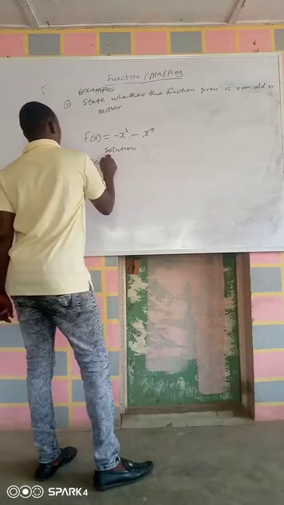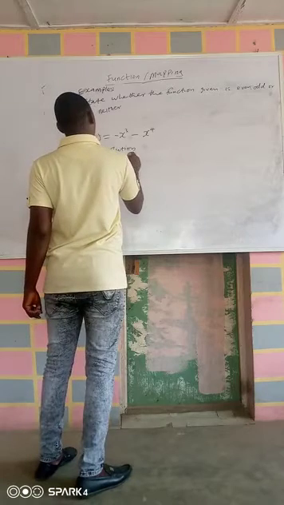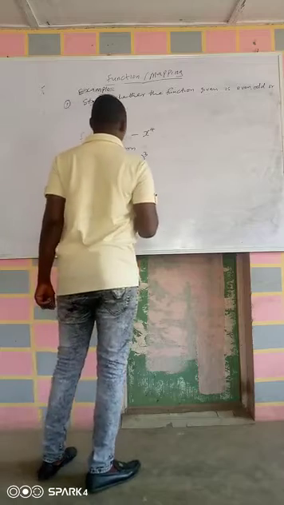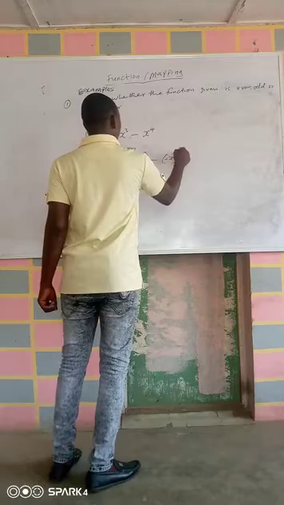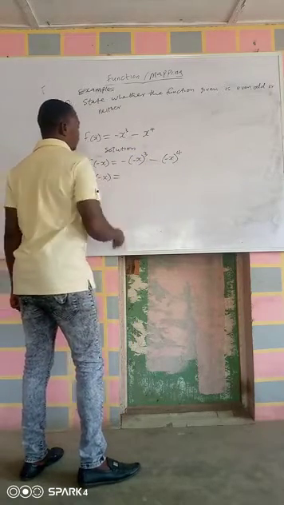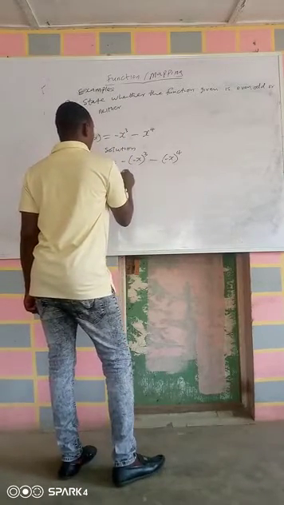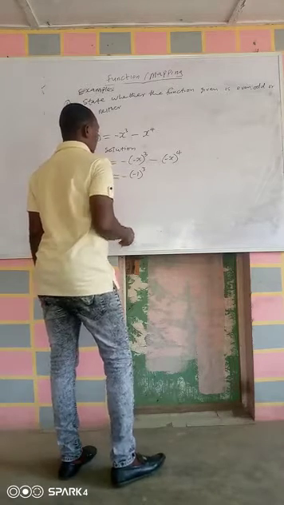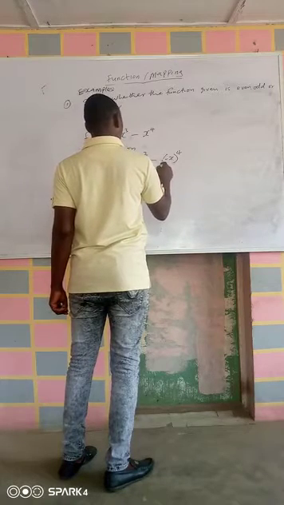Solution. F of minus s equals minus into minus s raised to 3. Then we have minus s raised to 4. So f of minus s equals minus 1 raised to 3 into s raised to 3.